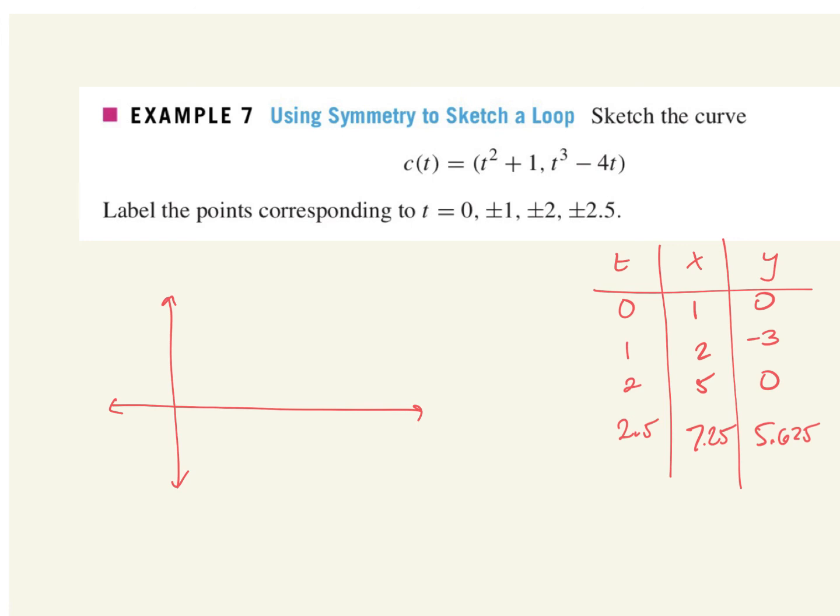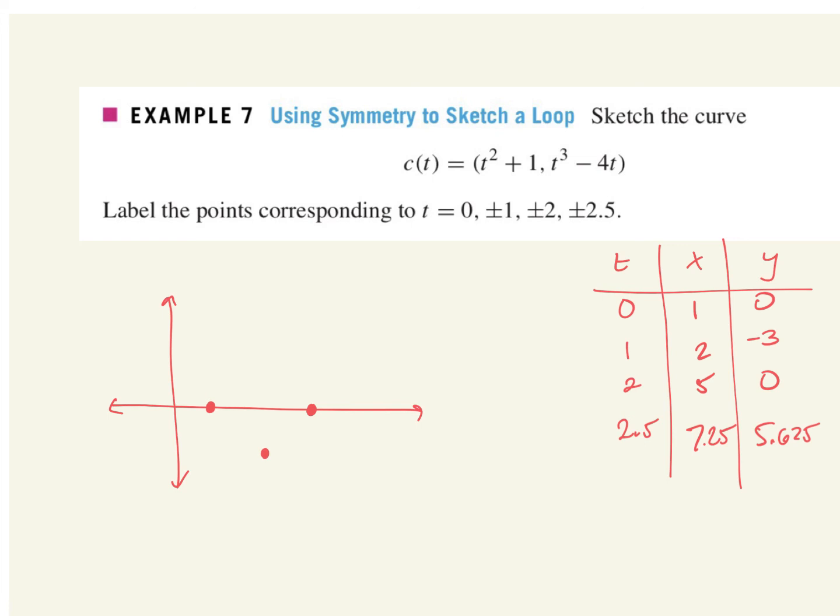So I am going to get 1, 0 when t is 0. Then I'm going to get 2, -3 when t is 1. Then I'm going to get 5, 0 when t is 2.